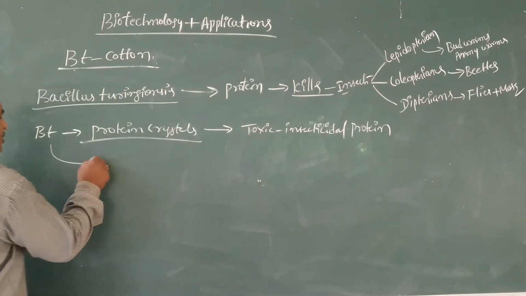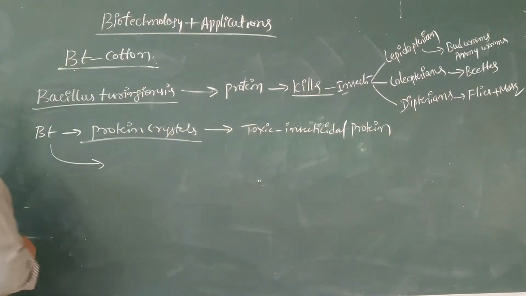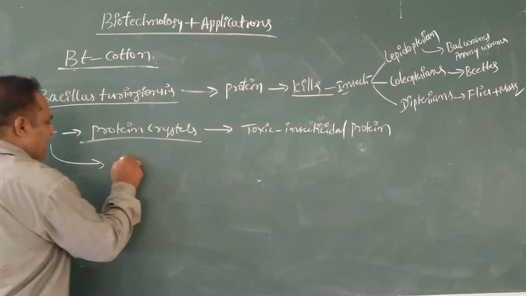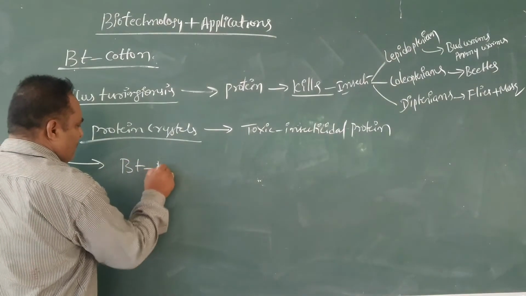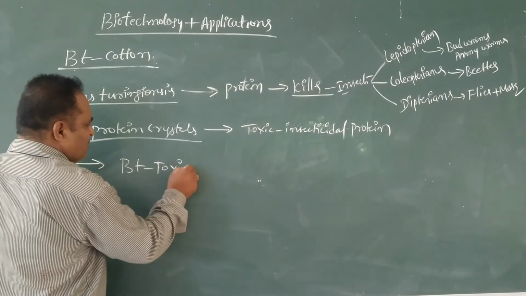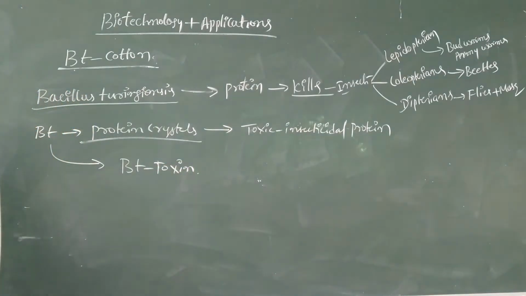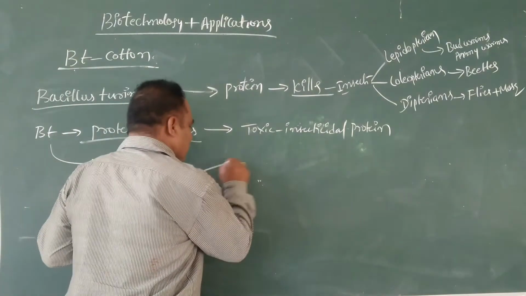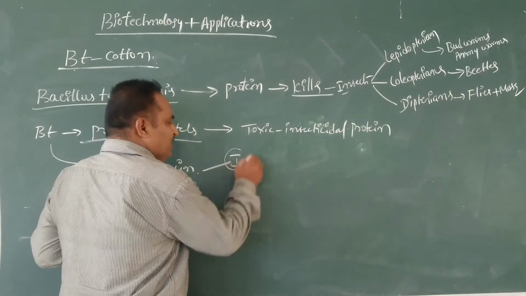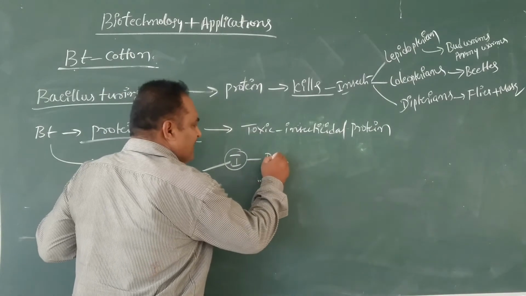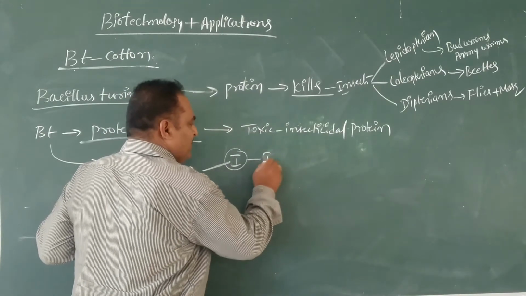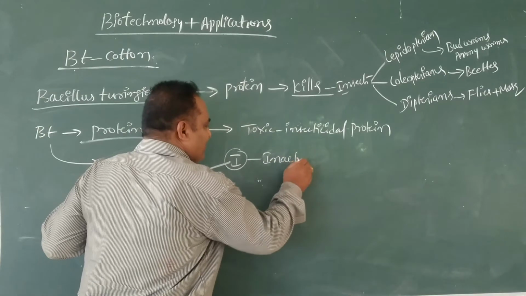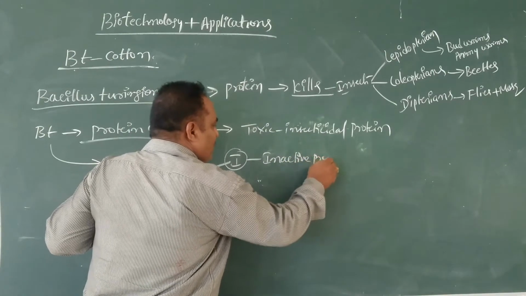The Bacillus thuringiensis usually produces a Bt toxin. Initially, the Bt toxin is an inactive protein.